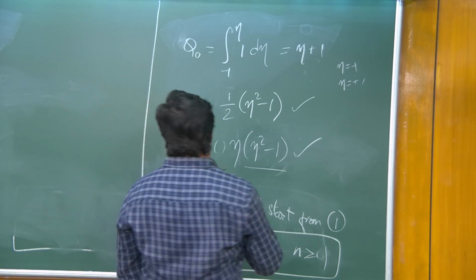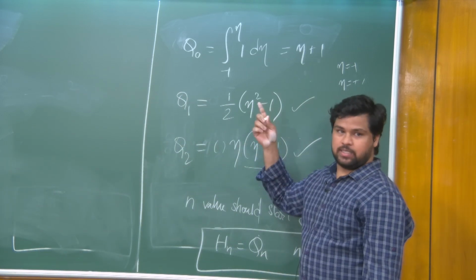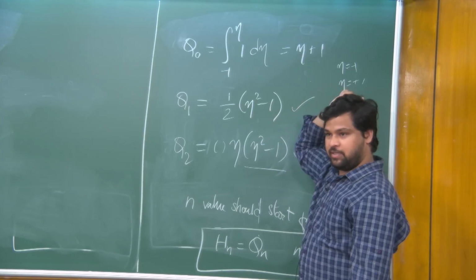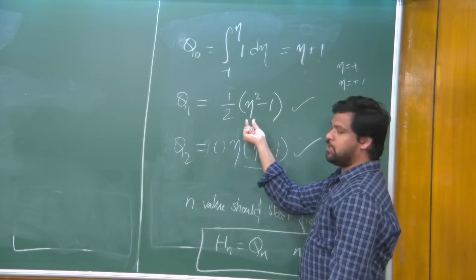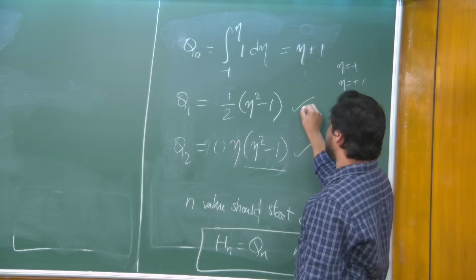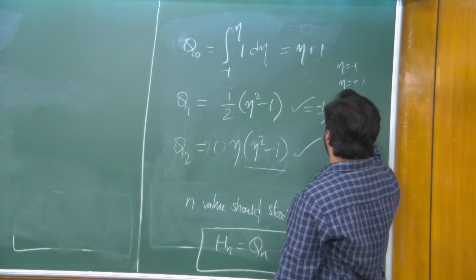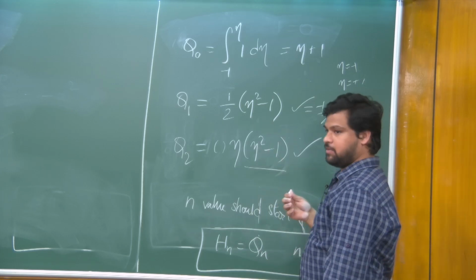Okay. Here, if you observe, what is eta? We took eta equal to cos theta in our transformations initially. If you substitute eta here, what will you get? Half minus sin square theta. Everywhere you will get sin square theta.